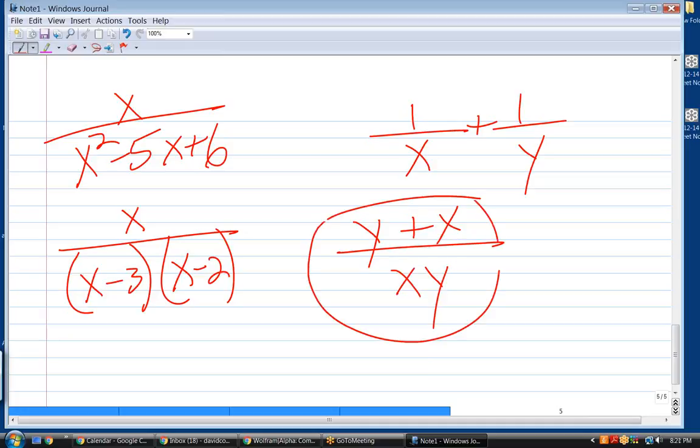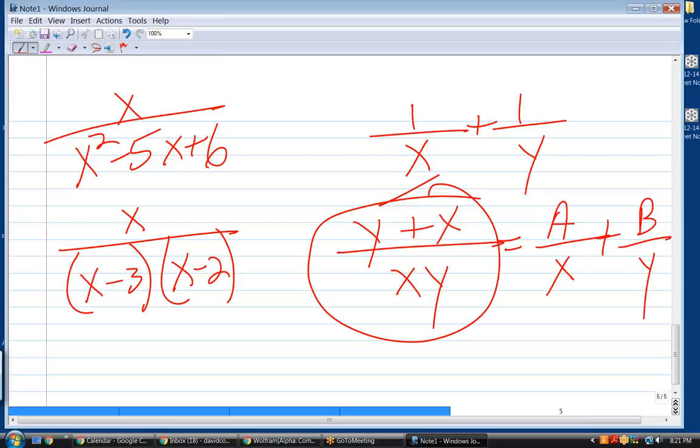Well, what if I started with that? That's what decomposing fractions into partial fractions is: you start with it after you've already found the denominator. Well, if I started with this, I could break it up into some number over x plus some number over y.